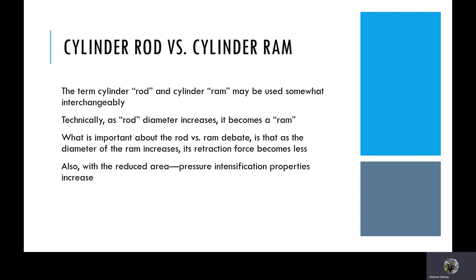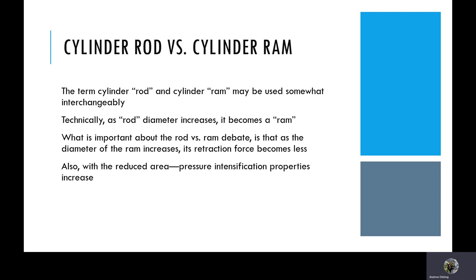People will often mix the terms cylinder and ram interchangeably. Technically, if I'm looking at a rod, which is generally just a smaller diameter piece of metal that's solid, let's say 1/2 inch to 3/4 inch around, or 12 to 19 millimeters, that's generally considered to be a rod.